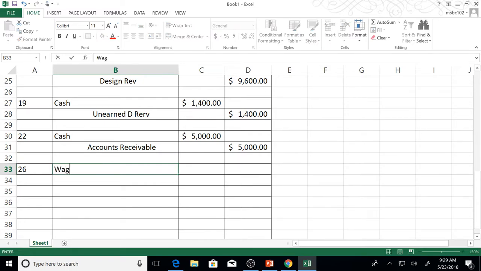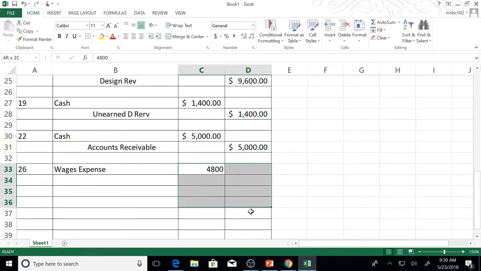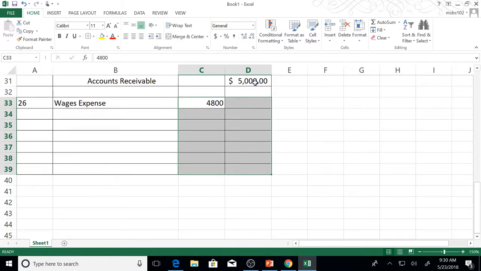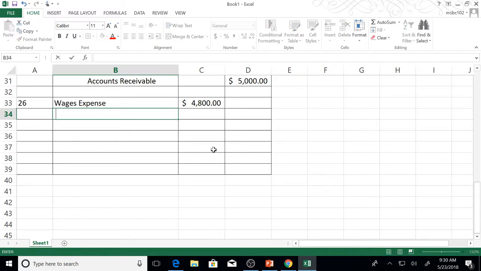Debit wages expense for $4,800, and credit cash for $4,800. All right, that's the 26th.